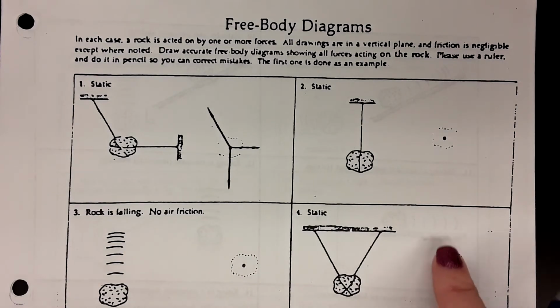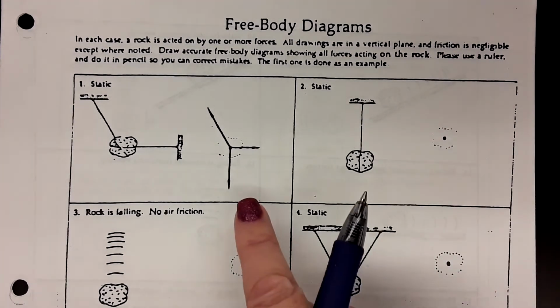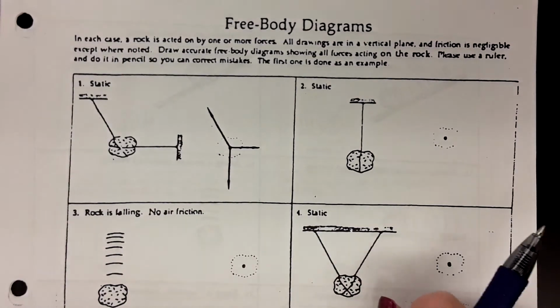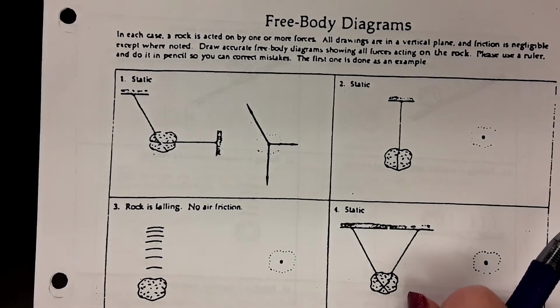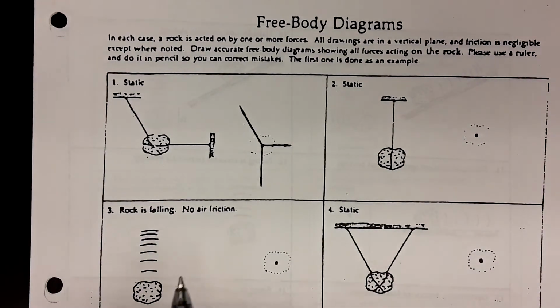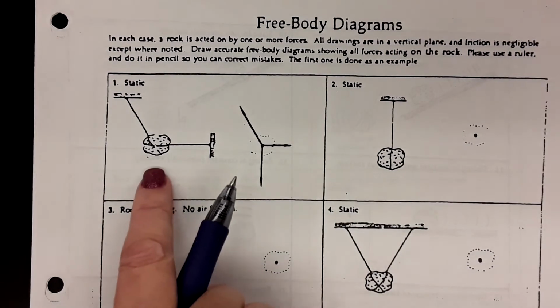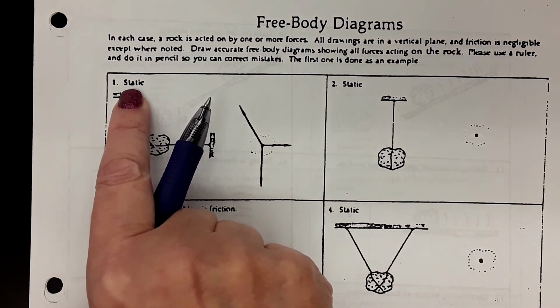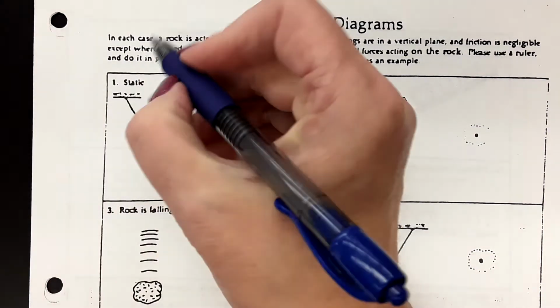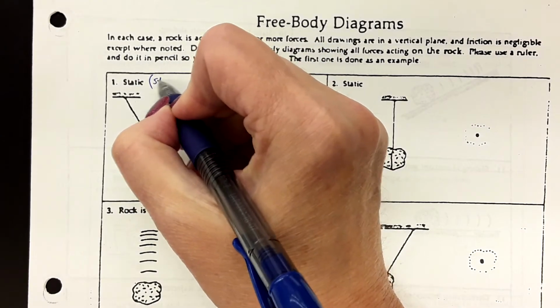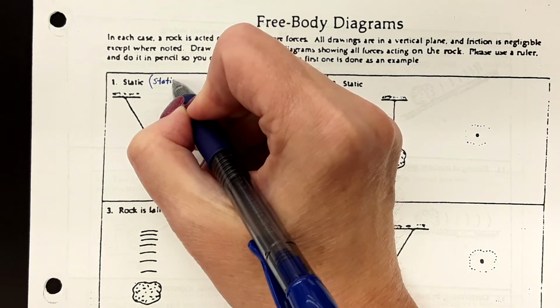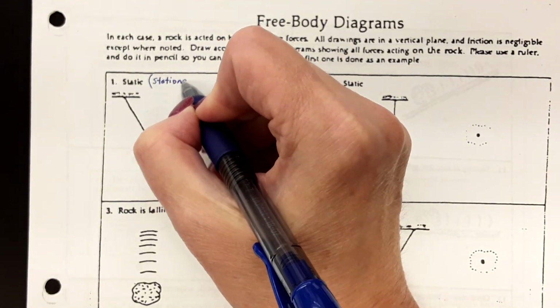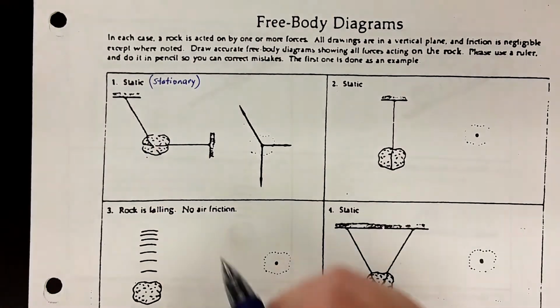So this is where we're going to draw our free body diagrams. And in fact, they have one right here already drawn, and we can go ahead and label it. It shows a rock static. Now, static means stationary. Keep that in mind. Kinetic means moving, but static means stationary.